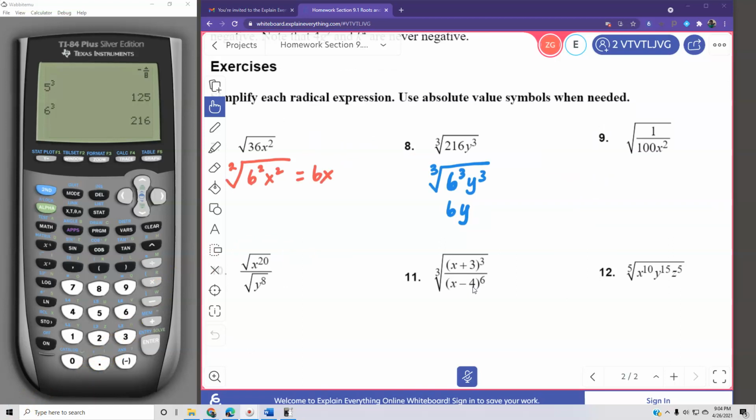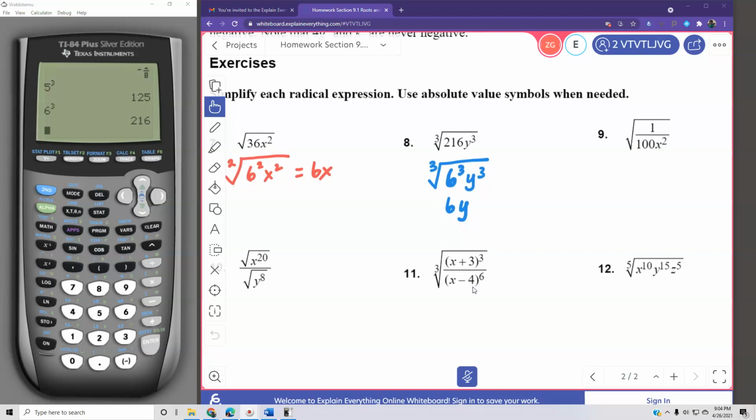Now for number 9, we're going to go ahead and rewrite it, because remember, by default, if there isn't an index, it's 2. It's actually the square root. So let me rewrite this with the 2 in mind, the second power. So I'm going to have 1 is equivalent to 1 squared. 100 is equivalent to 10 squared.